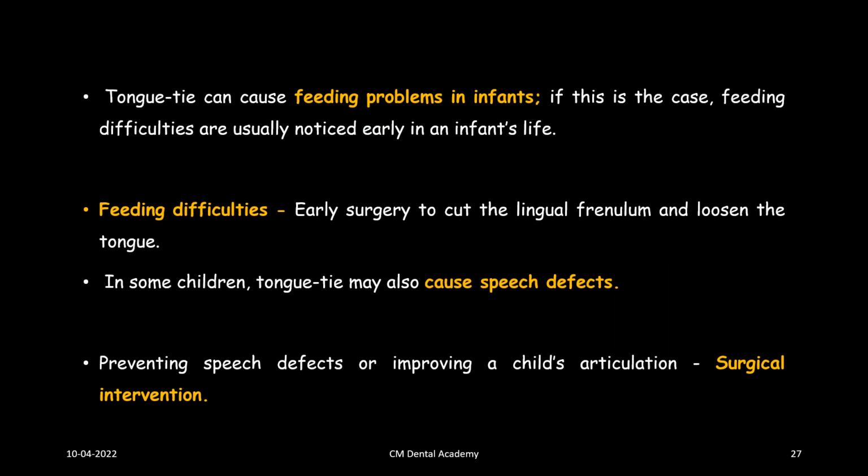Tongue tie in some patients can cause feeding problems, especially in infants, and these are usually noticed in the early phase of the infant's life. If the patient encounters feeding difficulties, early surgery to cut the lingual frenum and loosen the tongue is performed. In some children, tongue tie may also cause speech defects. In such cases, surgical intervention is required.